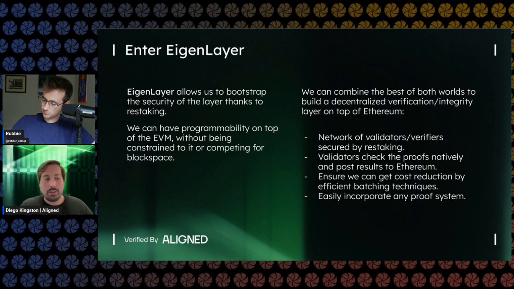If all are correct and the majority of the validators say this is okay, then they all sign the message saying this batch is okay. They post it to Ethereum, and Ethereum says, okay, these signatures are valid, so I have to update this. And so you can reduce the cost by a lot, because you can, in principle, bundle as many proofs as you like.